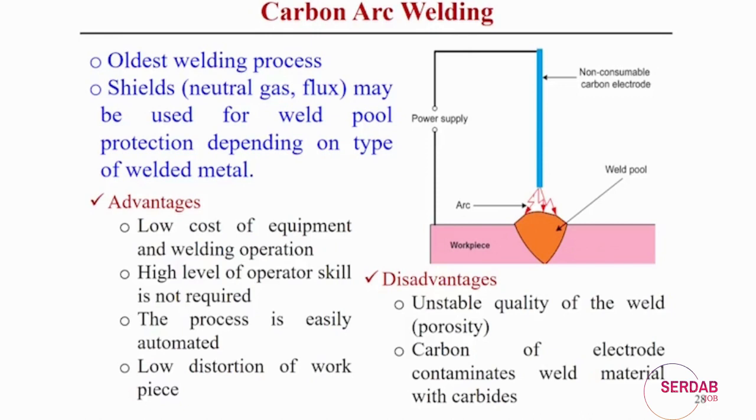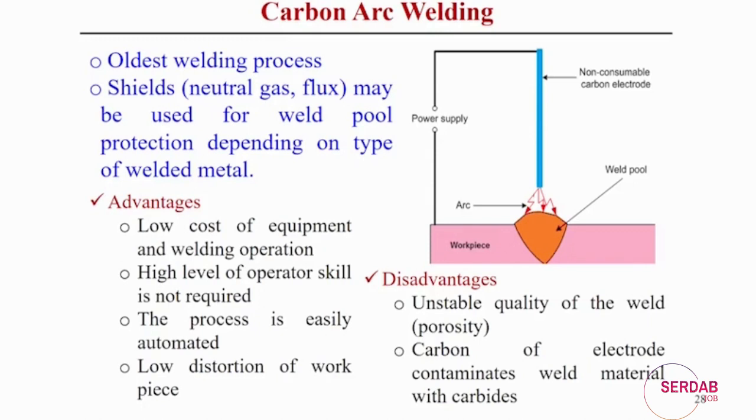Low distortion of the workpiece can also be achieved, since this is one of the oldest welding processes. It can be applied in a very simple way, but if we look at precision, in the sense of producing fewer defects, the other welding processes are a better choice compared to the carbon arc welding process.